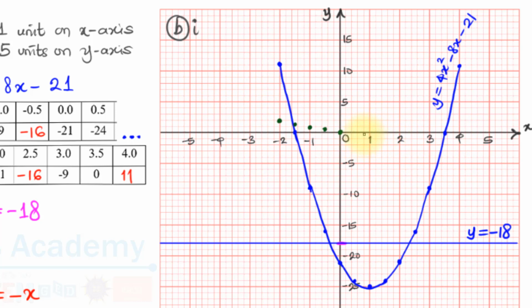When x is 0.5, y will be minus 0.5, and that will be here, okay? But this is 0.5, and between this small box is minus 0.5 for y. All right, and when x is 1, y will be minus 1.